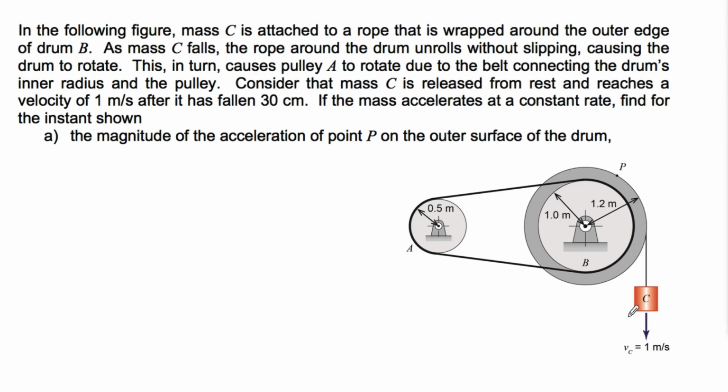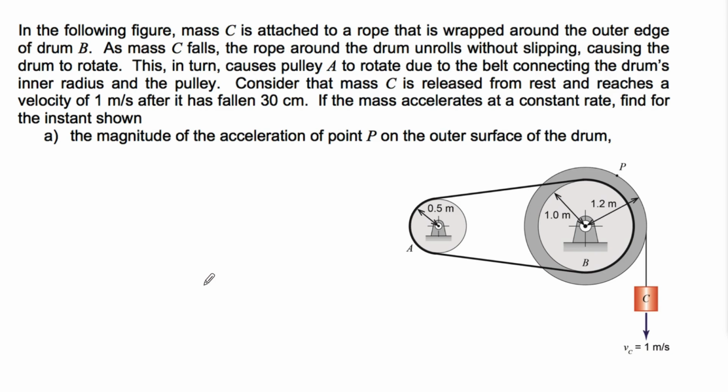Consider that mass C is released from rest and reaches a velocity of 1 meter per second after it has fallen 30 centimeters. If the mass accelerates at a constant rate, find for the instant shown the magnitude of the acceleration of point P on the outer surface of the drum.